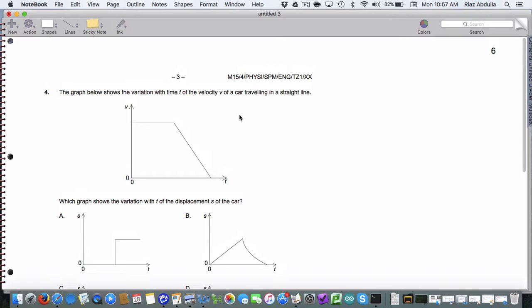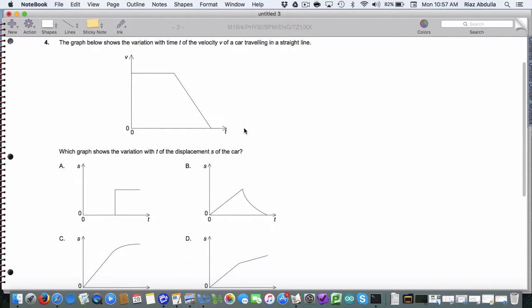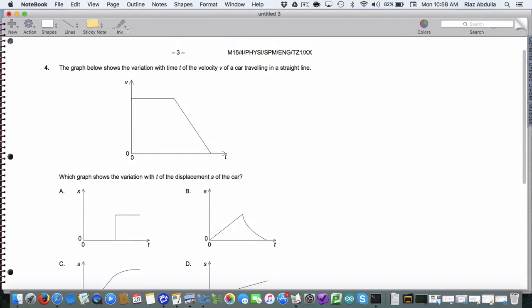Now for choice B, we have the velocity of a car traveling in a straight line, and we wonder what the displacement looks like. This is one of those things where we've got to learn our graphs carefully. For displacement versus time, first we're going at a steady pace in a straight line, so we have a nice linear graph for position versus time.